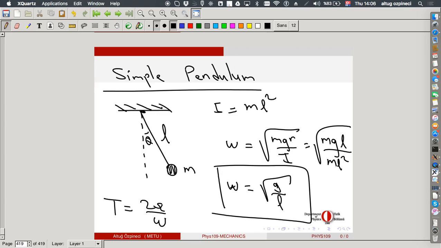There is also another prediction that we can test, since if you are in a fixed region, then g is constant. So if you change L, this is how the angular frequency changes with L, or how the period changes with L. So the period is proportional to the square root of the length L. This is also another thing we can test.